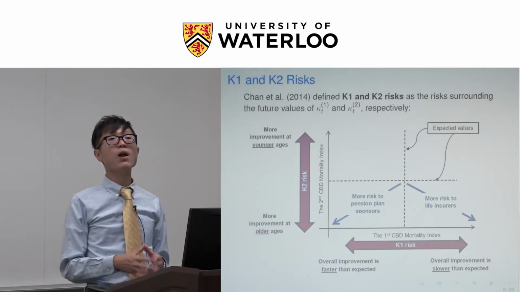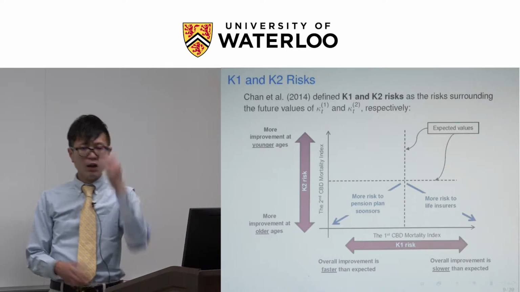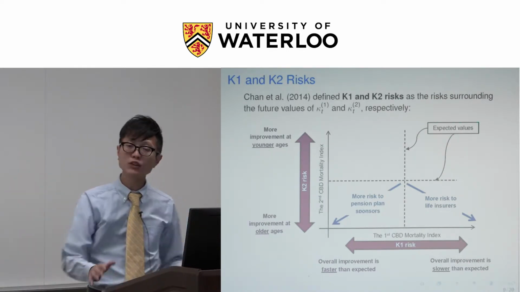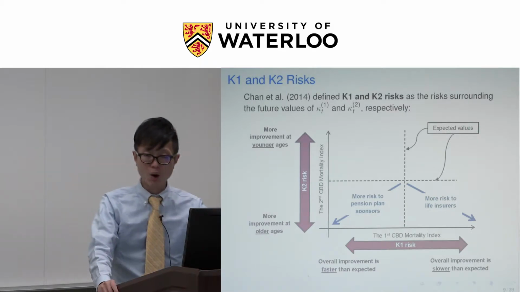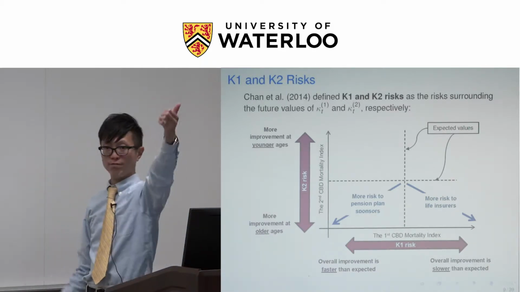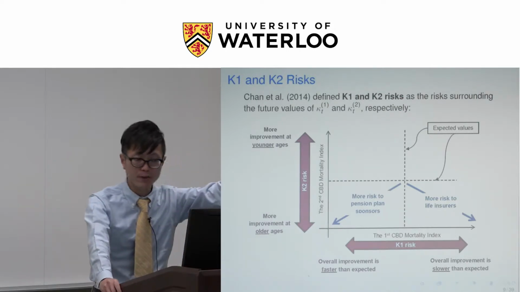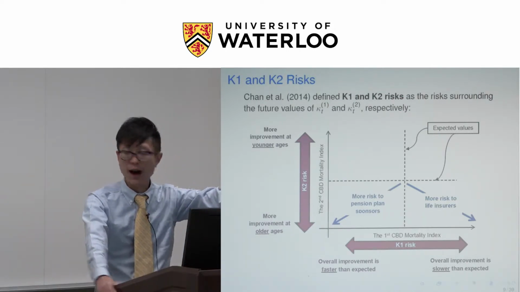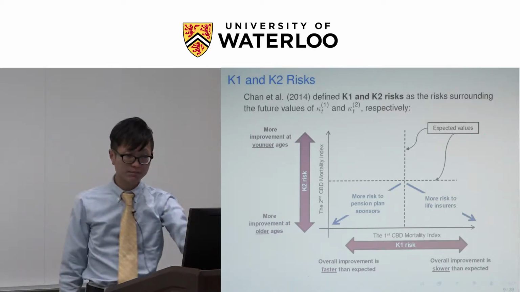Let us think about what may happen to a pension plan. For a pension plan that is close to new entrants, the payouts will be larger if, number one, overall mortality improvement is faster than expected, i.e. the first CBD index is lower than expected.